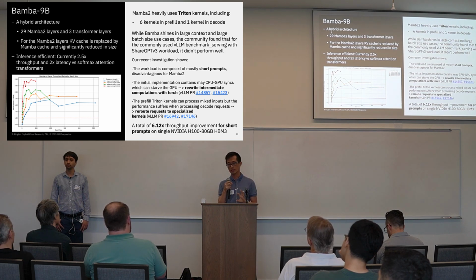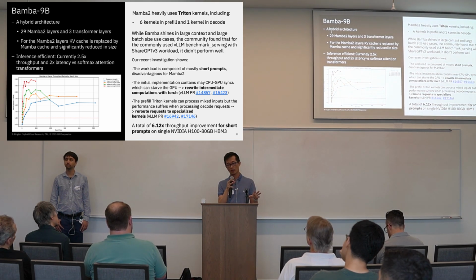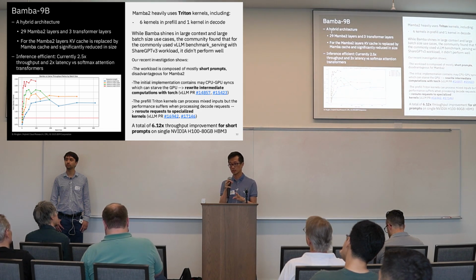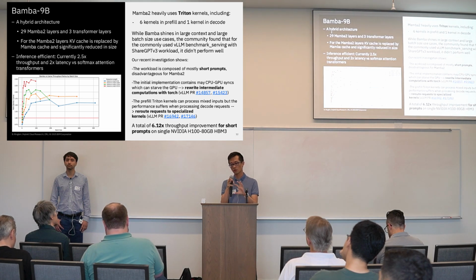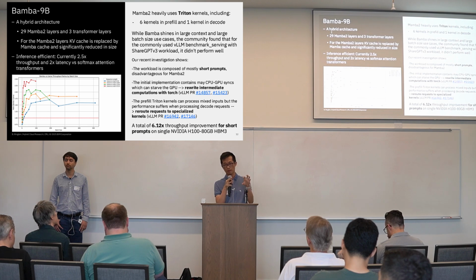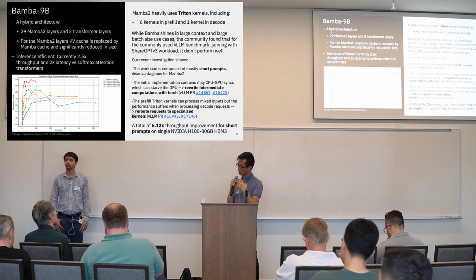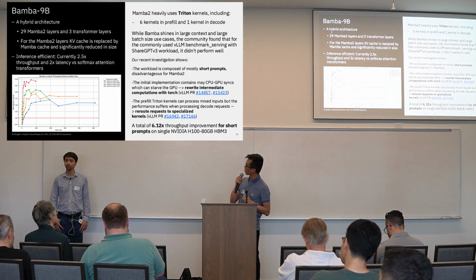One is on the vLLM system level side: the implementation contains a lot of GPU and CPU synchronizations. You need to wait for some synchronizations to complete before you can launch new kernels. That slows things down and causes lower throughput for the short prompts.